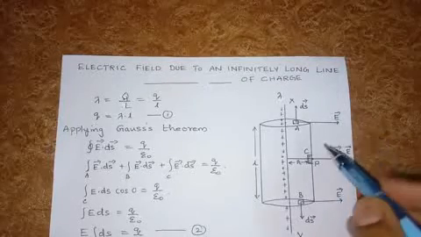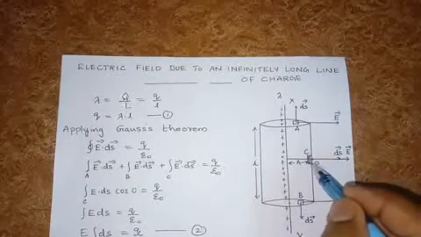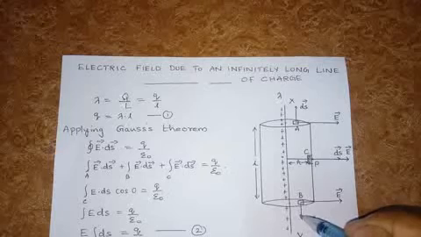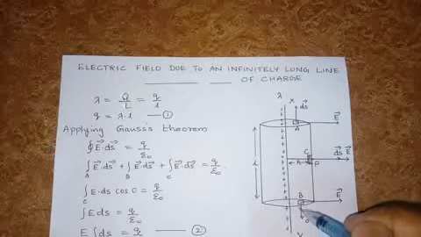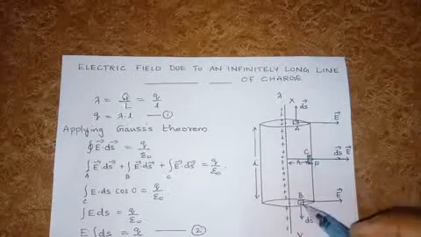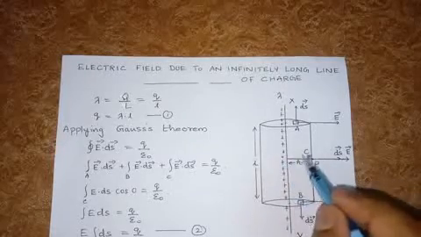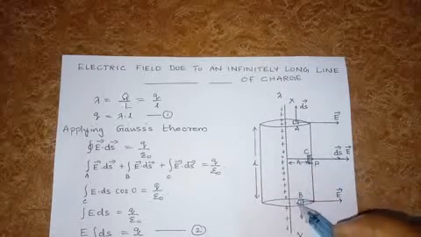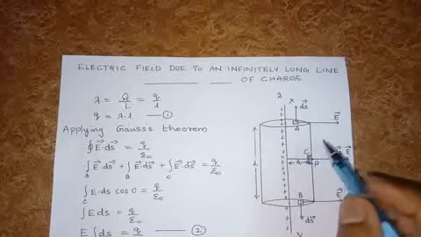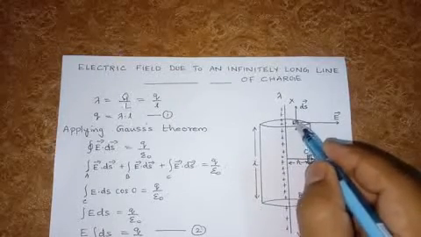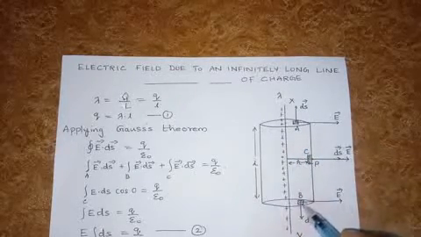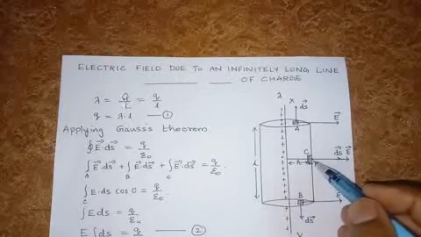Now I am going to take three elemental areas. The Gaussian cylinder has three different surfaces, two end surfaces and one curved surface. I have to take equal elemental areas on the two end surfaces and the curved surface.